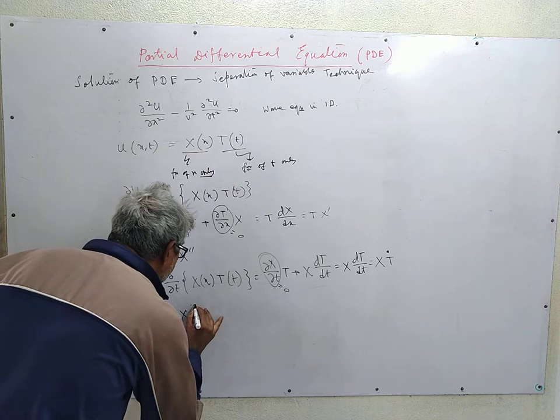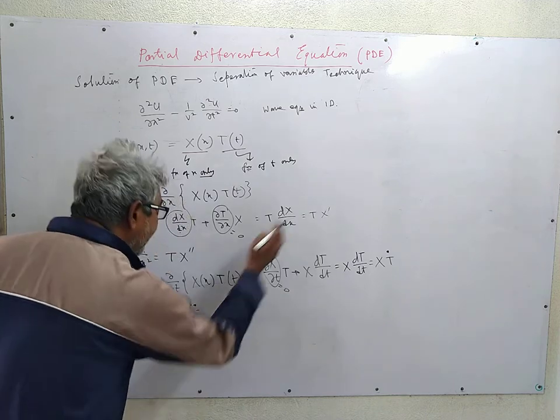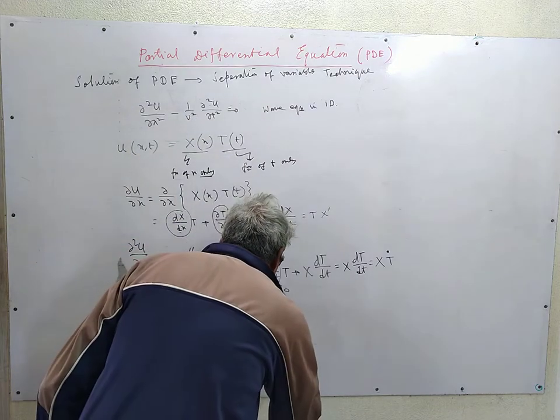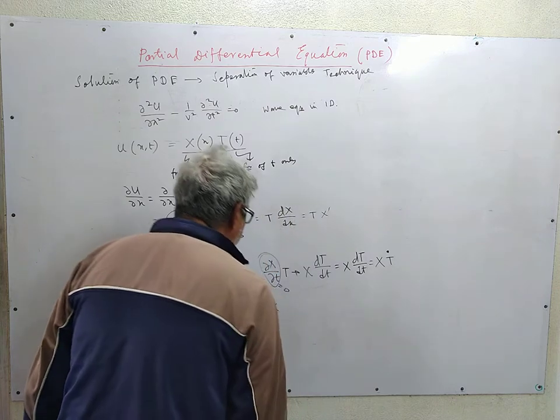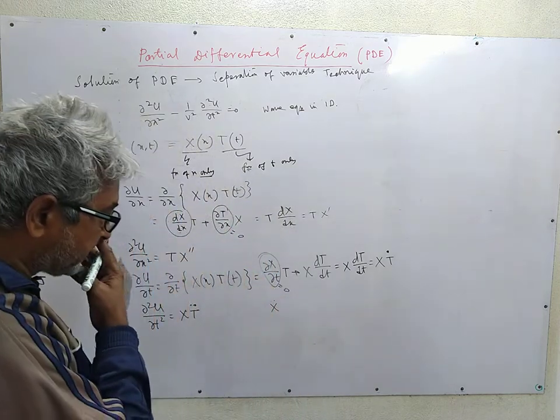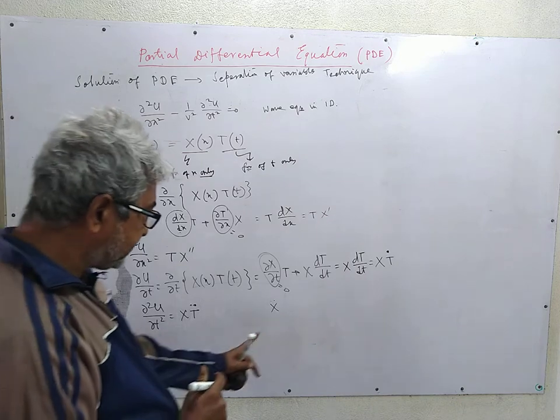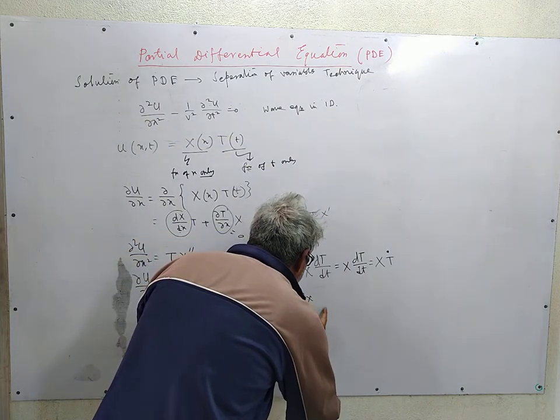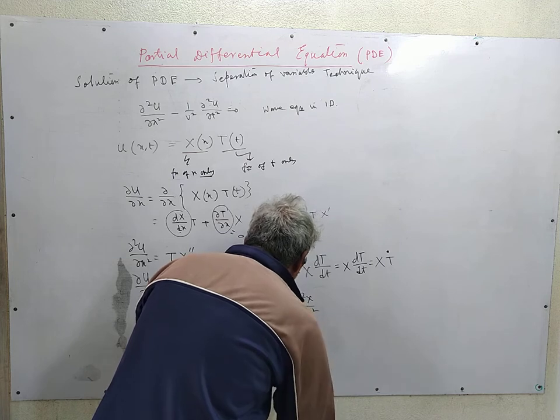If one uses prime for both X and T, even then no confusion will arise, because if we write X double dot, that means X is a function of small x only and its second derivative, then it is obvious that this represents del 2X del x2.